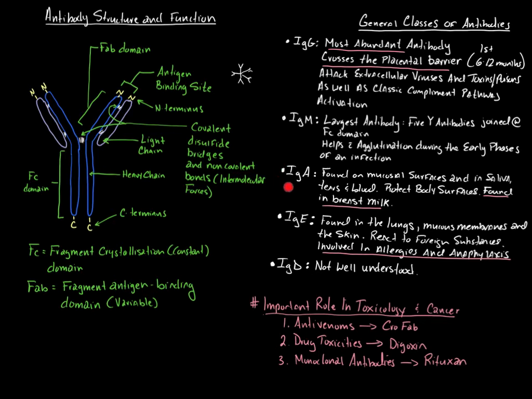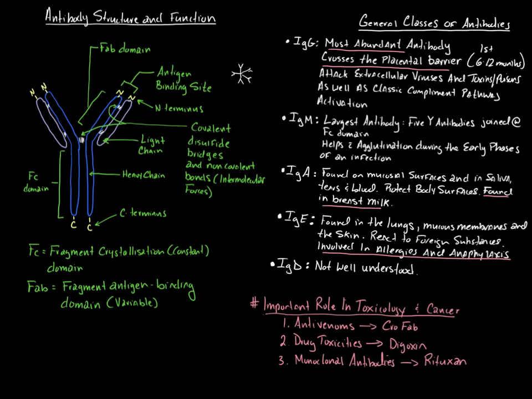Okay, IgA is next, immunoglobulin A. These are primarily found along the mucosal surfaces, in saliva, tears, and in your blood as well. These are very important when it comes to protecting body surfaces, so anywhere you have the body or a body cavity interfacing with the external environment. Think about your respiratory mucosa, your gastrointestinal mucosa, your eyes, for example.